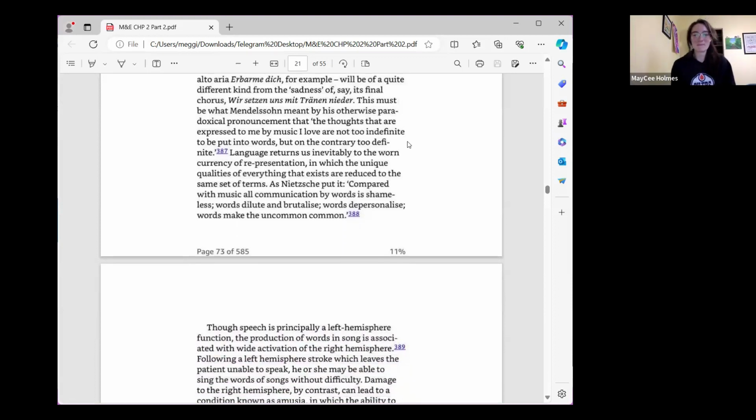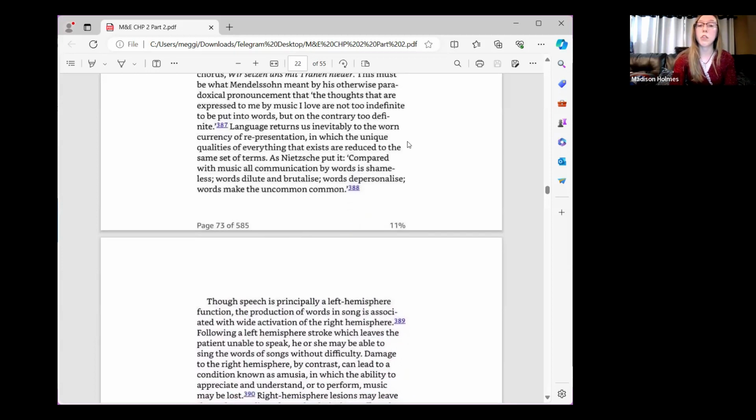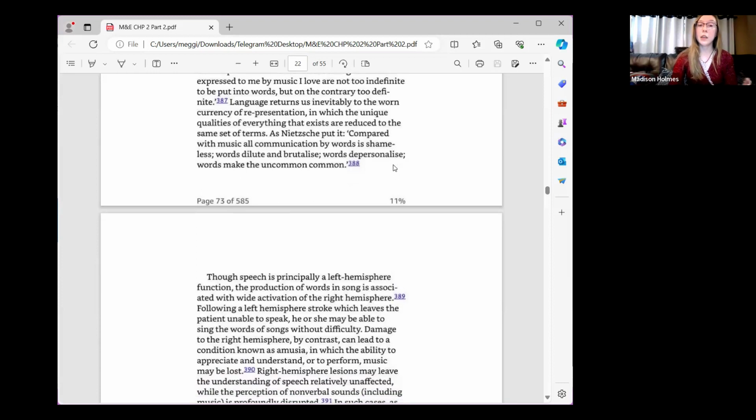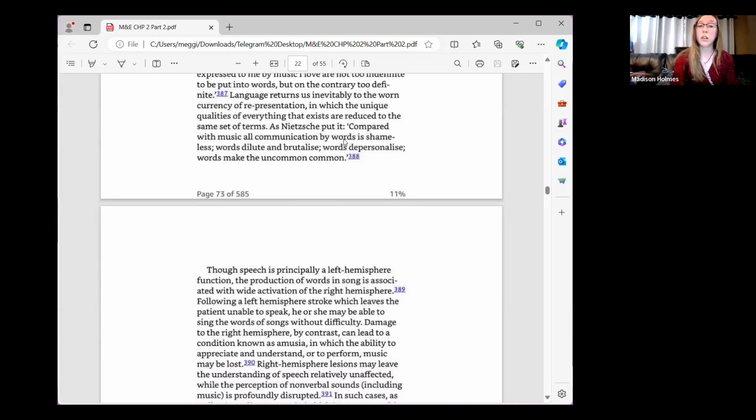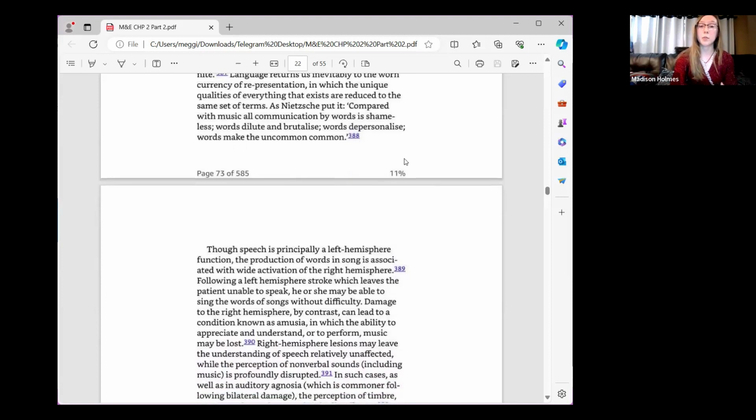This must be what Mendelssohn had meant by his otherwise paradoxical pronouncement that the thoughts that are expressed to me by music I love are not too indefinite to be put into words, but on the contrary, too definite. Language returns us inevitably to the worn currency of representation, in which the unique qualities of everything that exists are reduced to the same set of terms.